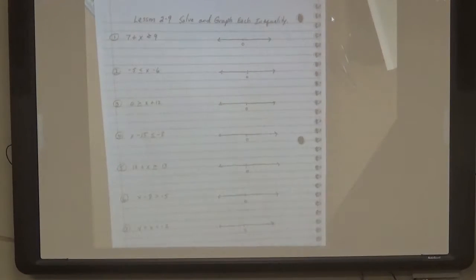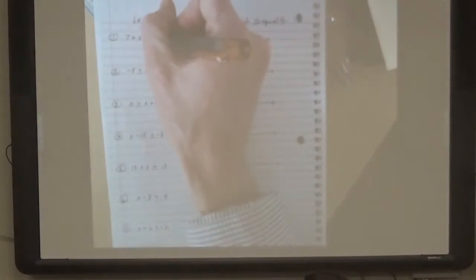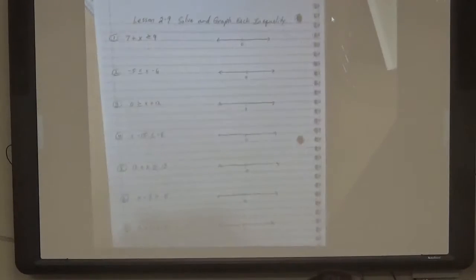Number 1. 7 plus x is greater than 9. So, we have to solve for x. Get the x by itself. So what step should we use?